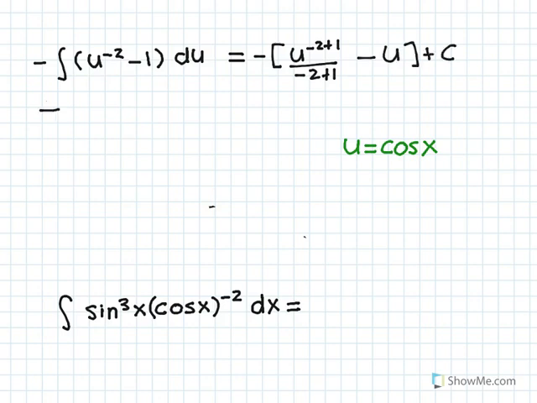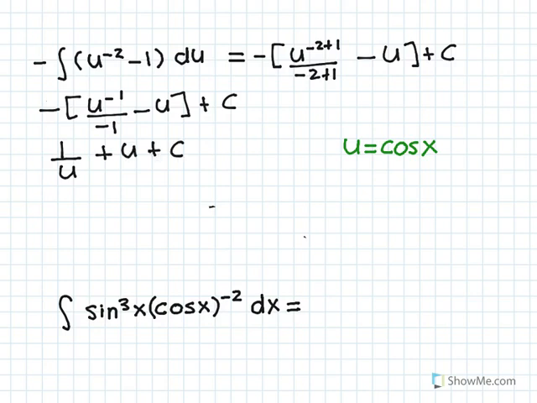So let's simplify this. We get minus, u to the 1 minus 2, which is negative 1, over 1 minus 2, which is minus 1, minus u, plus c. Now distribute the minus 1, we get 1 over u, because u to the minus 1 is the same as 1 over u, and minus times minus u gives us plus u, plus c. Now let's put u back in so we get our answer in terms of x.